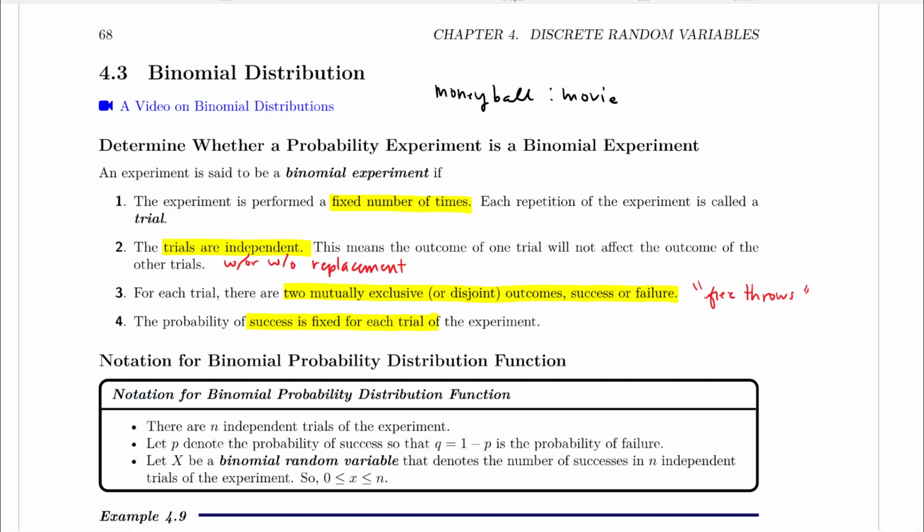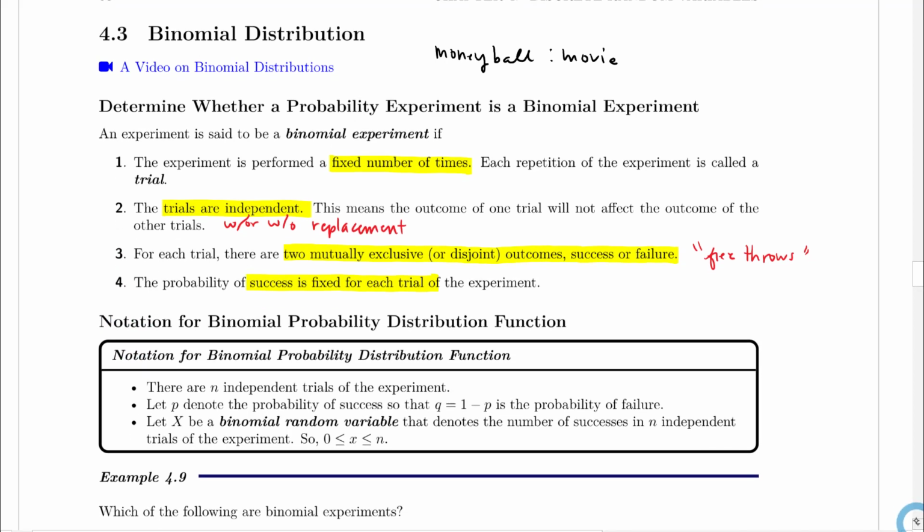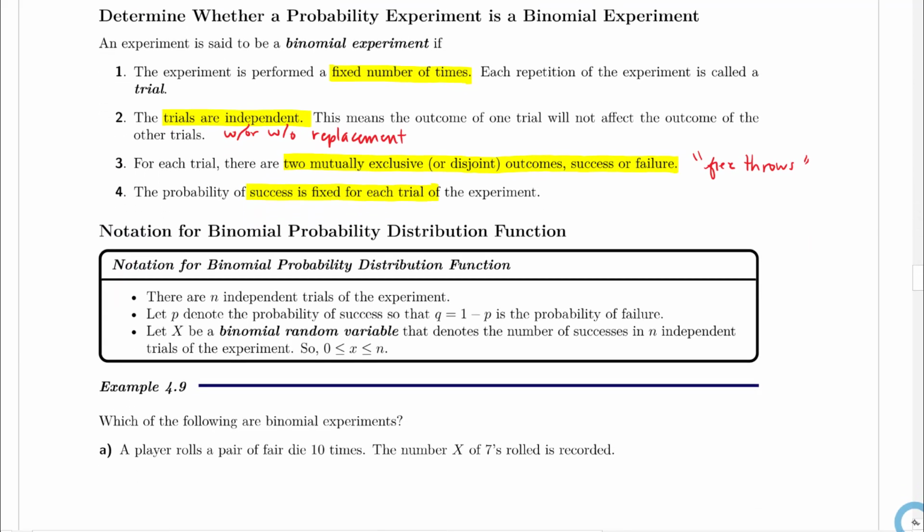So these are the characteristics of a binomial experiment. And the notation for the probability distribution function is: we call n the independent trials of the experiment. Let p denote the probability of success, so that q is the probability of failure. I tend to use 1 minus p, but we could use q as well.